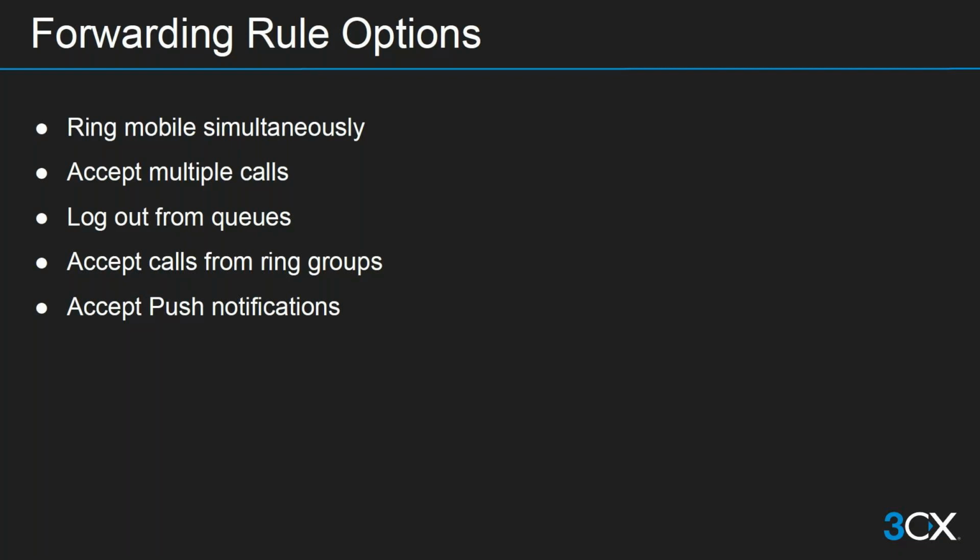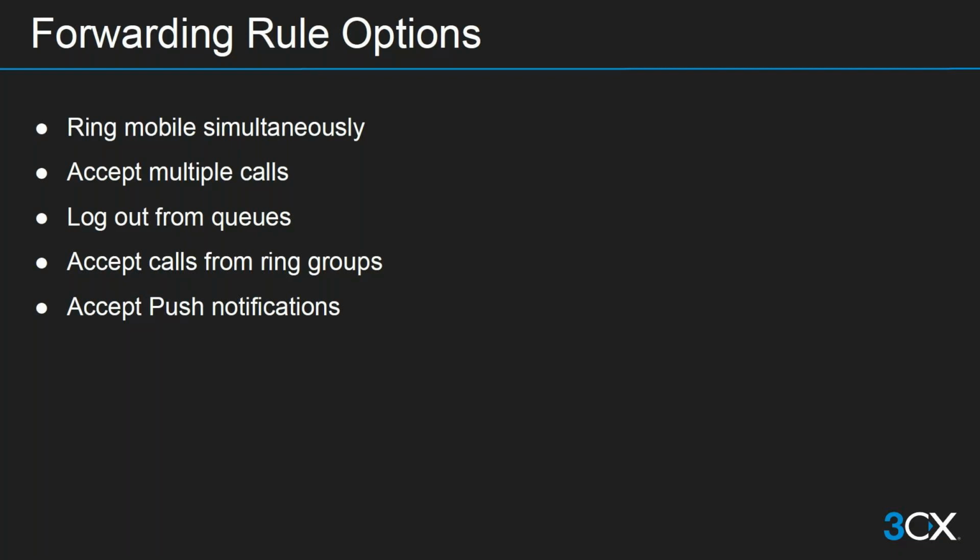Yeah, solely because the installer ticked ring mobile simultaneously. Ring mobile simultaneously has nothing to do with the mobile app. The mobile app rings automatically if we have push notifications enabled.